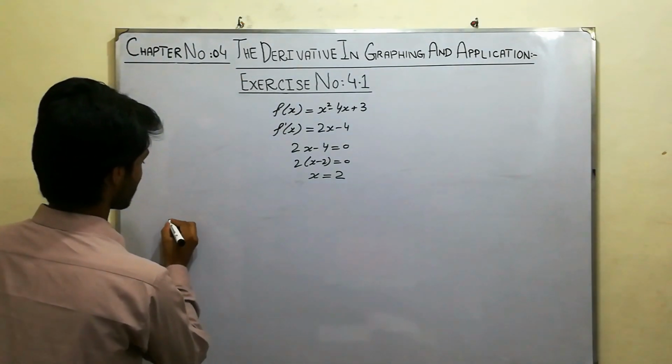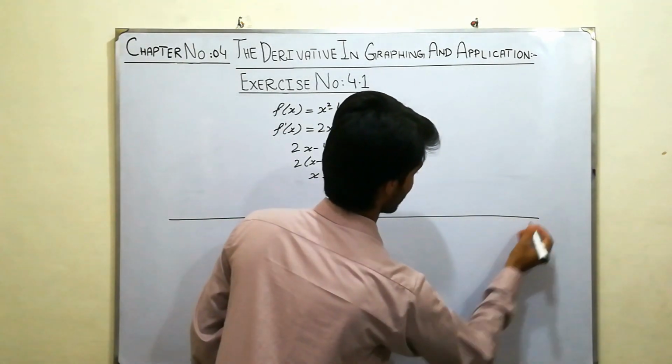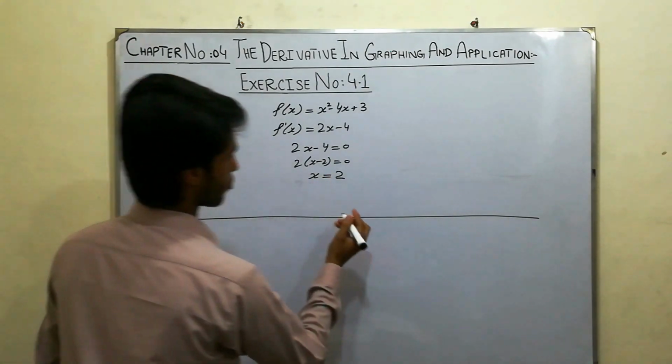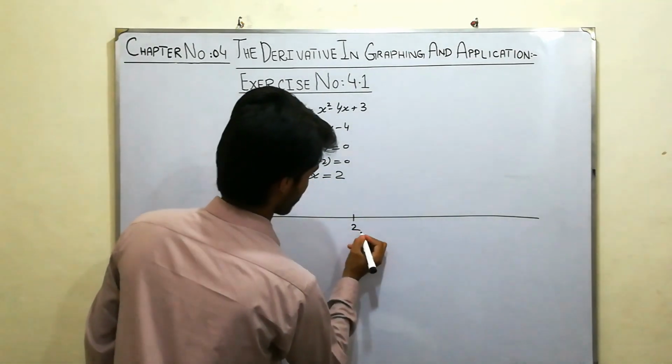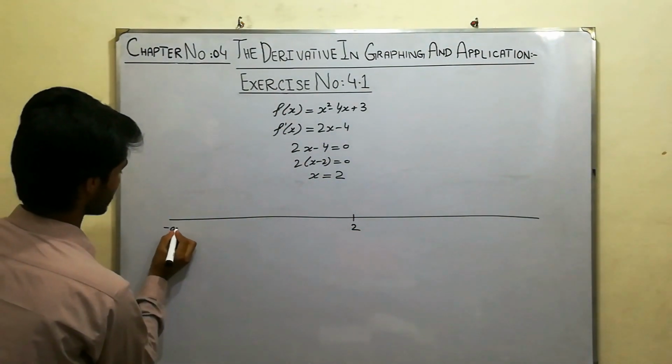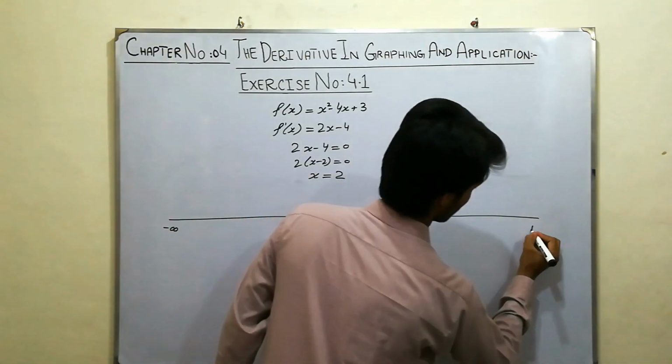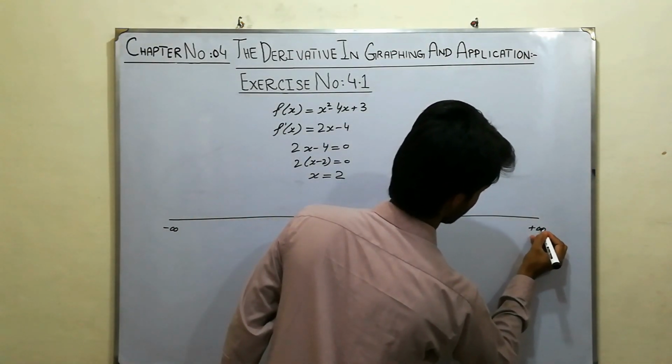Now check it on the regions for increasing and decreasing function. This is our point x, let's suppose 2. This side we have minus infinity, and this side we have plus infinity.